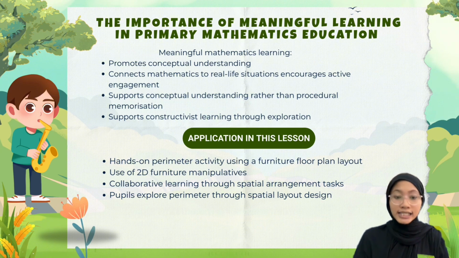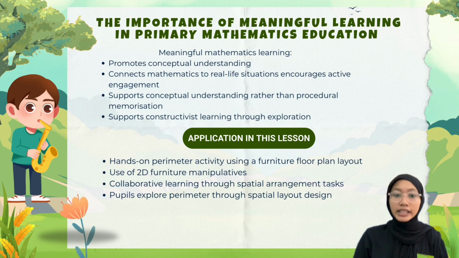First, this lesson uses a hands-on perimeter activity using a furniture floor plan layout, which allows pupils to learn through concrete experience. Second, the lesson uses 2D furniture manipulatives to help pupils visualize the shape clearly and support learning at the concrete level.